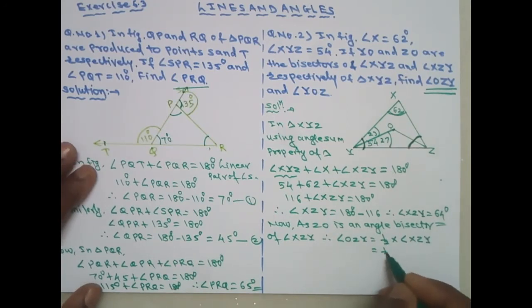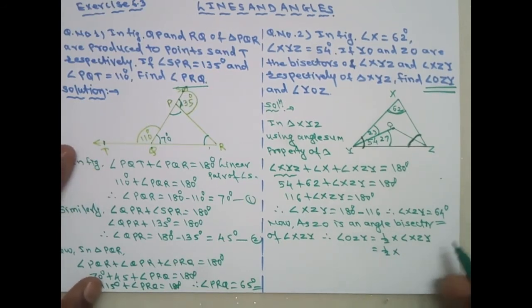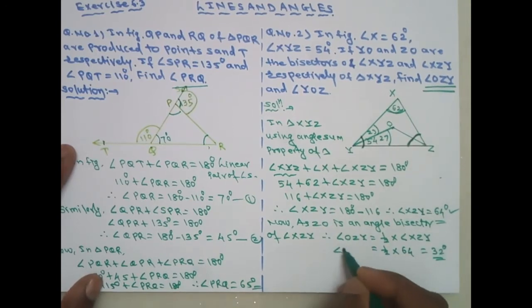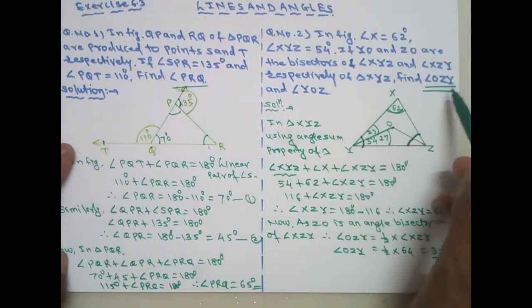So that is half into XZY. XZY is 64, so that is 32 degree. This is angle OZY. Okay. Find OZY.